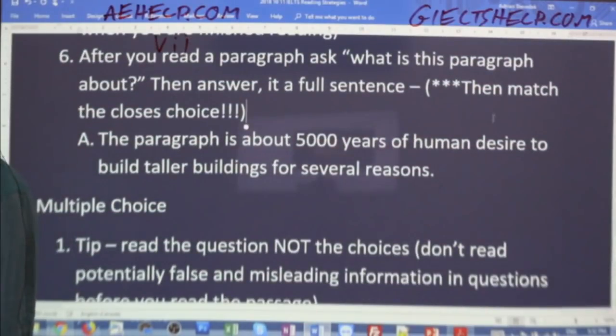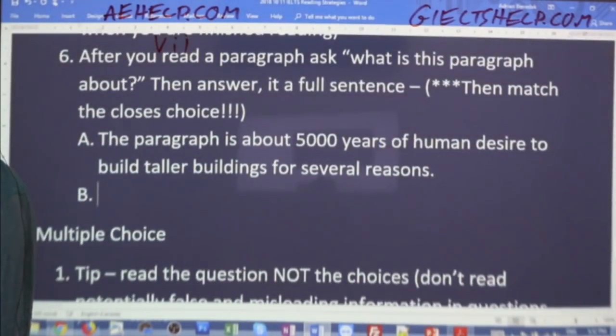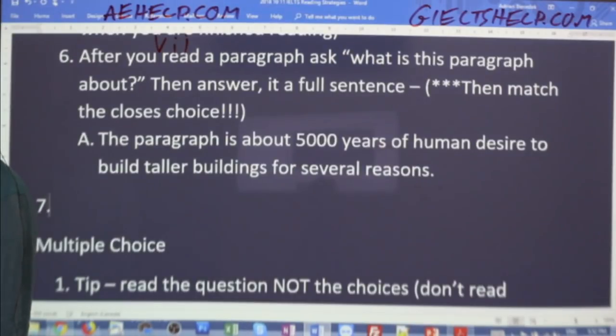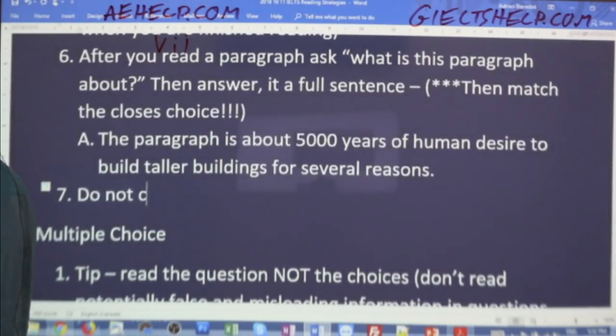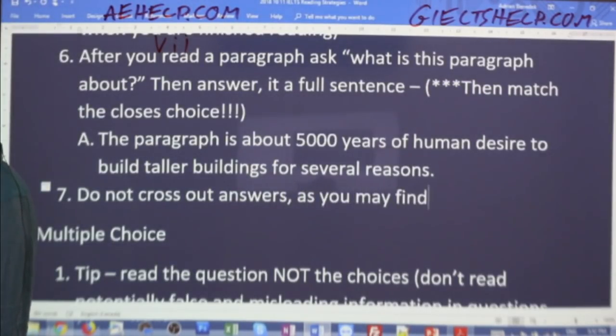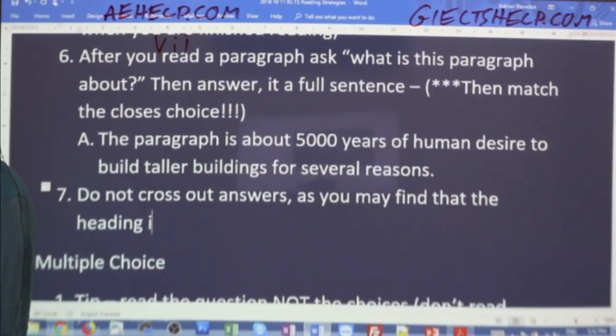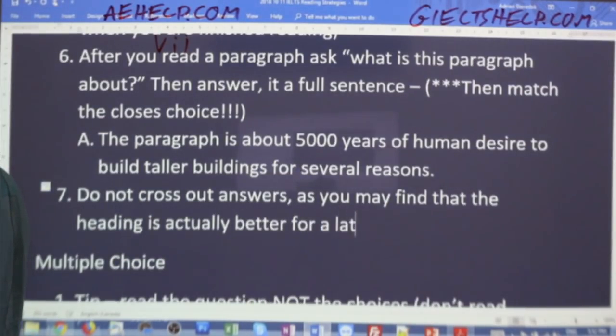So number 7 tip here is do not cross out answers, as you may find that the heading is actually better for a later paragraph.